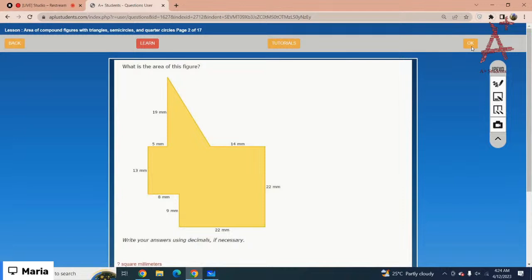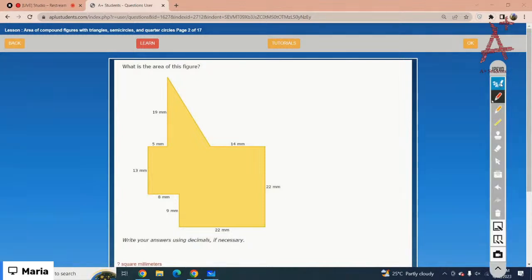Okay, let's just divide the figure into, here is the first figure, A, B, and C. You have three shapes.